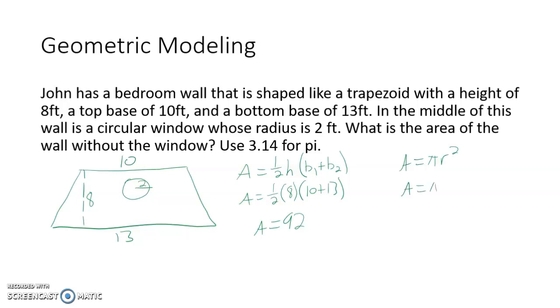So that will be pi times 2 squared. Once we do that, our area is 12.56. All right, and because it says without the window, that means that we need to subtract our areas. So 92 minus 12.56 gives us an area of 79.44 feet squared for this one.